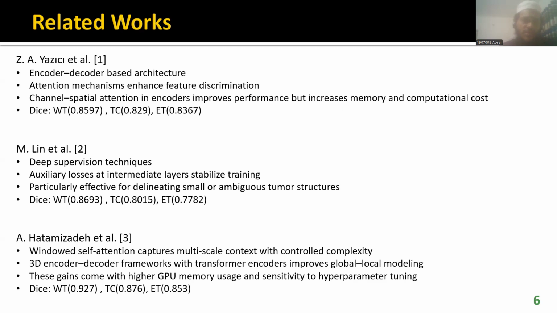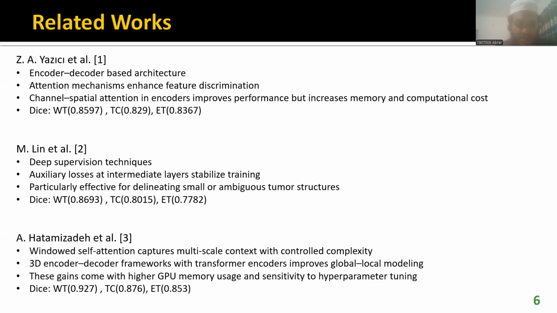As we can see in the first one, it's an encoder-decoder based architecture, and a deep attention mechanism is used here. The dice scores are given. In the second paper, deep supervision is used, and auxiliary losses at intermediary layers are used in this model to stabilize the training, which is particularly effective for delineating small and ambiguous tumor structures.